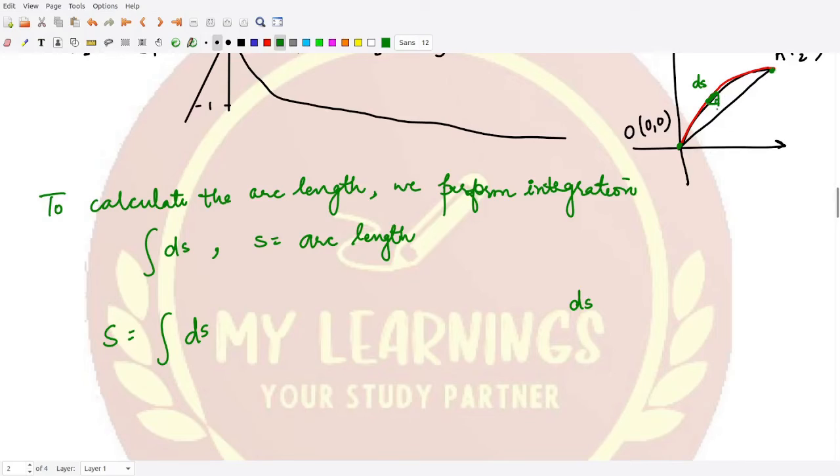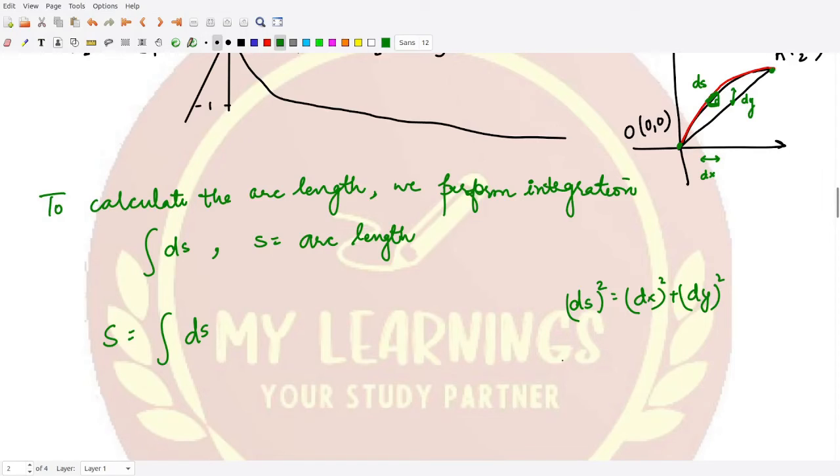If I say this much small portion is my dx and this much small portion is my dy, then what would be ds according to Pythagoras theorem? It would be ds square is equal to dx square plus dy square. Hypotenuse square is equal to base square plus perpendicular square, right?